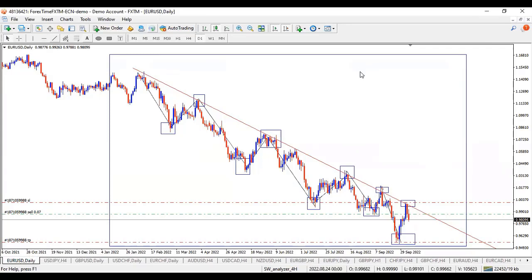So moving on, there is also a structure we call a channel, and the channel is simply market ranging or consolidating, but diagonally. In this case, a channel is basically made of two parallel trend lines, meaning one trend line will be on the upper side.